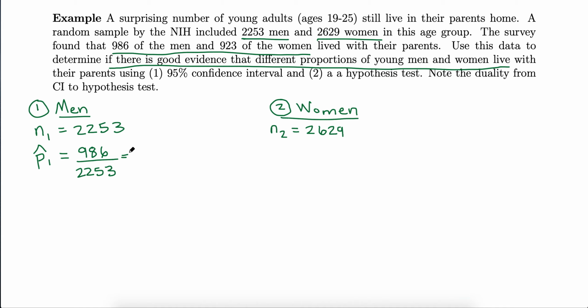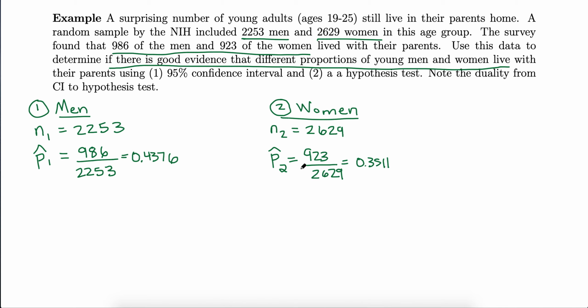So here I've got 0.4376 if you plug that in and round it to 4 decimals. All right, then our P2 hat, based on the data for group 2, or women, the proportion of successes: we've got 923 out of our total sample size of 2,629 for the women, and that should give you 0.3511.